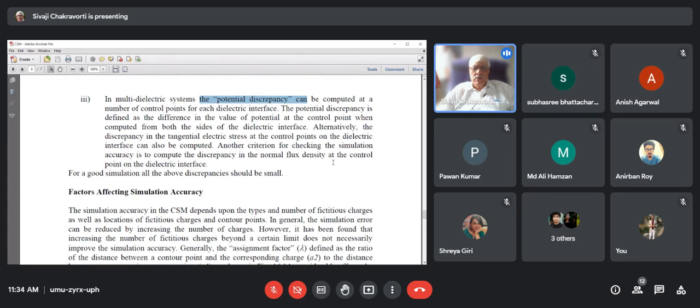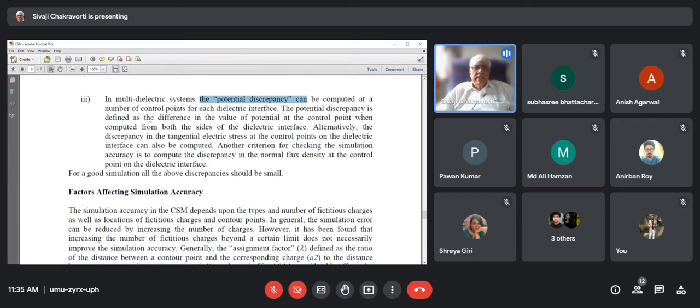We can also go through the normal component of flux density. That means we can compute D_N A, the normal component of flux density from the dielectric A side, and also from the dielectric B side at the control point on the dielectric interface. And then see how much is the deviation.